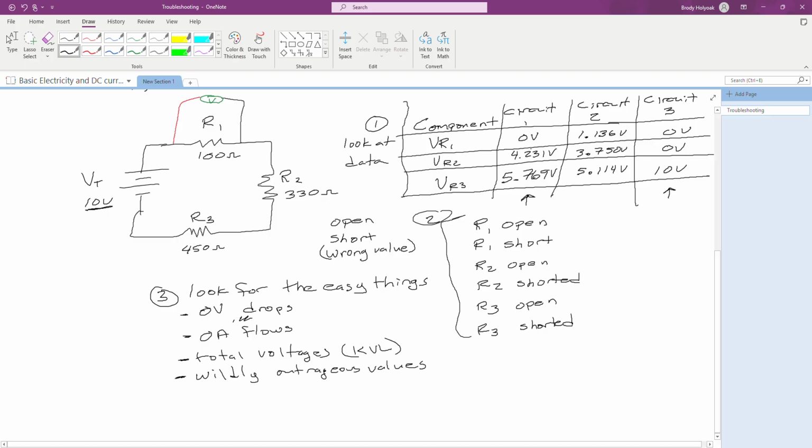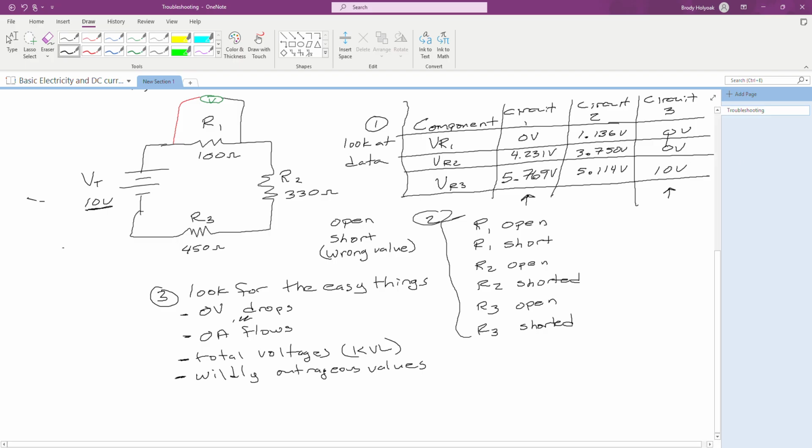Okay? So in this list of things to look for, we know that on circuit 1, we have a 0-volt drop. That's going to cause me to be suspicious because it should have some voltage based on these values. Looking at circuit 3, I've got multiple zeros, but I've also got a 10, which is a wildly outrageous value because we're only putting 10 volts into the circuit, and most of the time we're not going to design this circuit to have one component take all the voltage when there are multiple things put into place.